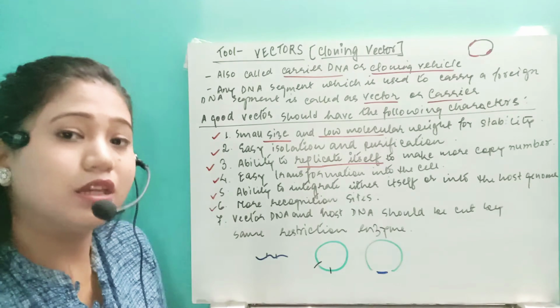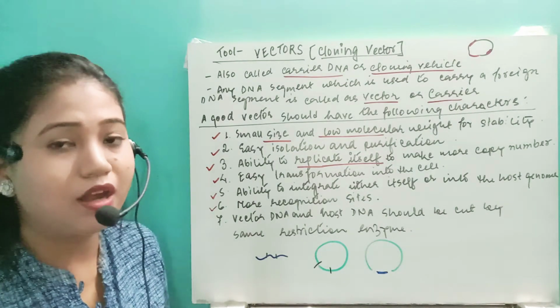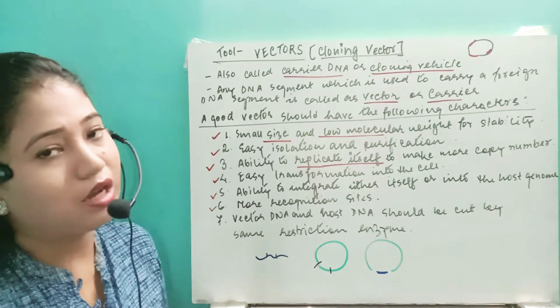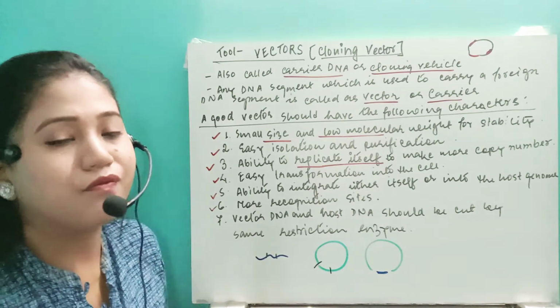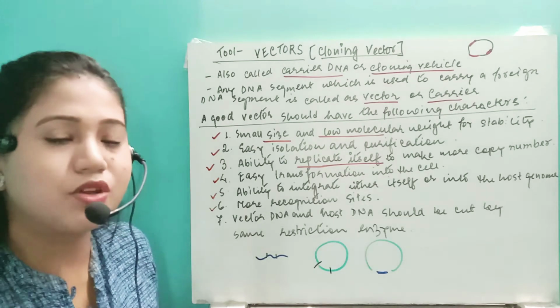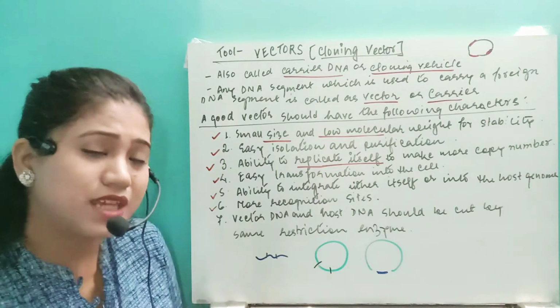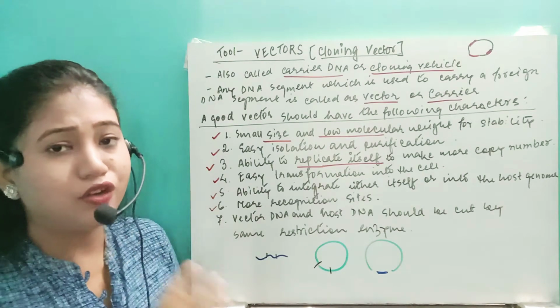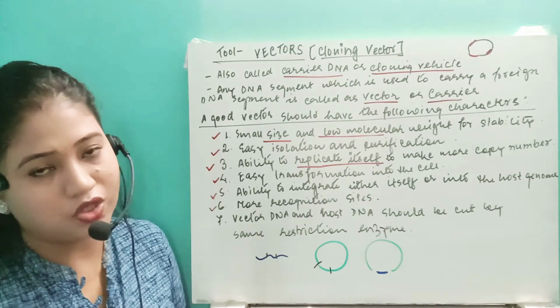Because they need to have a specific sequence. Nitrogenous bases should be there in that region only. Suppose in between that specific nitrogenous base pair only, they need to be cut by the same restriction enzyme, because only that same restriction enzyme will cut in that same specific region. So they will have a specific recognition site.